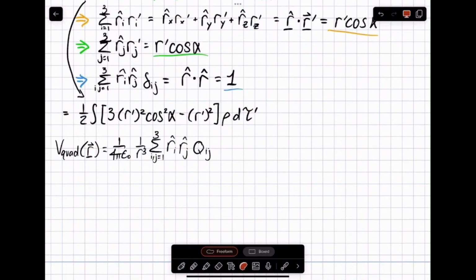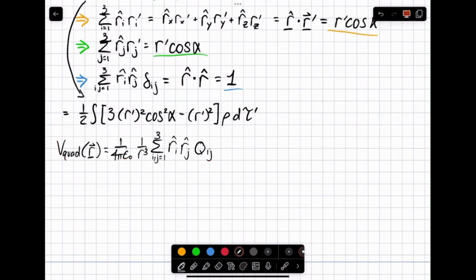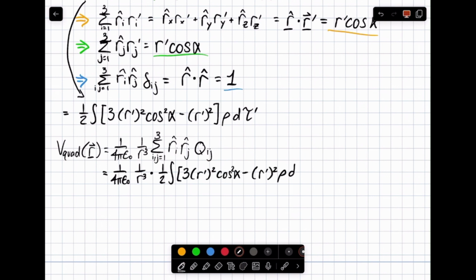Bring down this equation. And remember, what we evaluated here is what I've underlined in red. So now I'm going to plug that in. And I'm also going to factor out these r prime squareds.